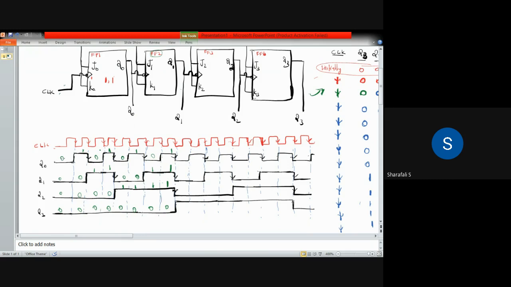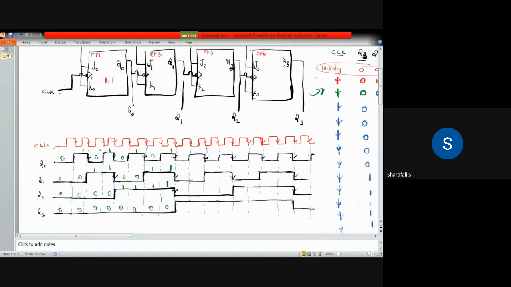In the last class we discussed how we can reduce the mode of a given counter by using some external circuit, some logic gates, etc. Is there any possibility to increase the mode of the counter?